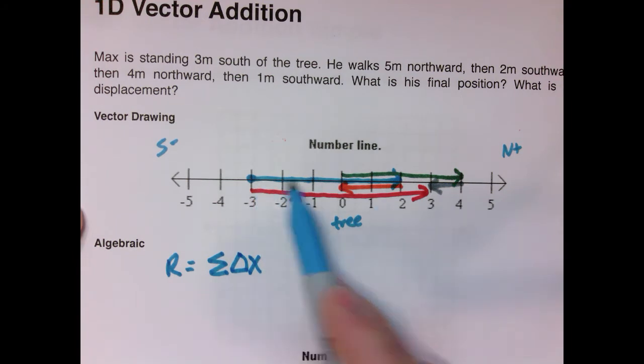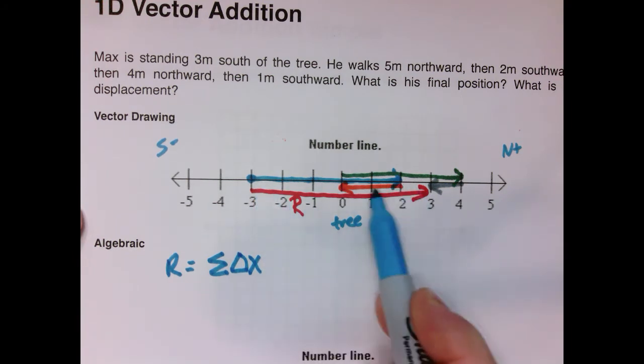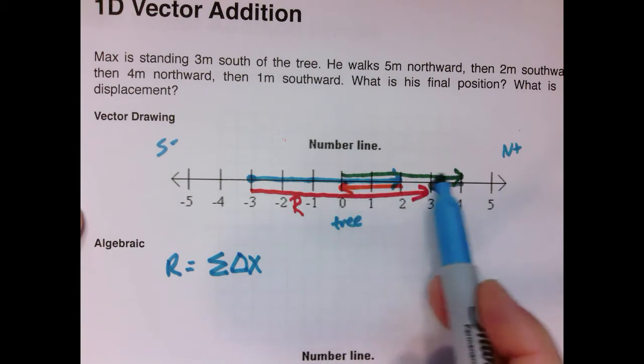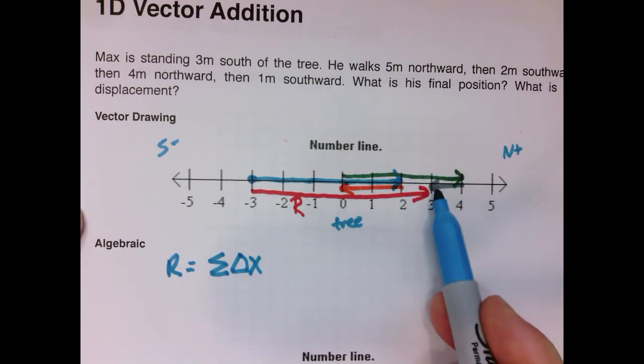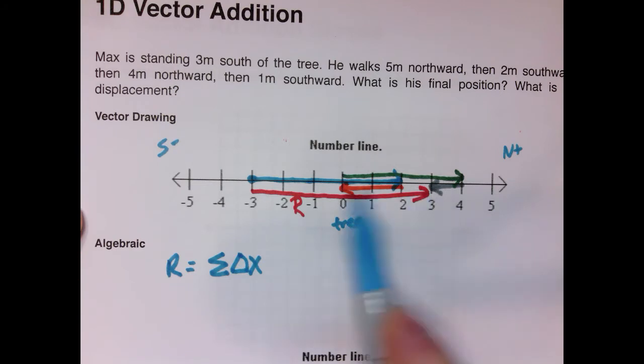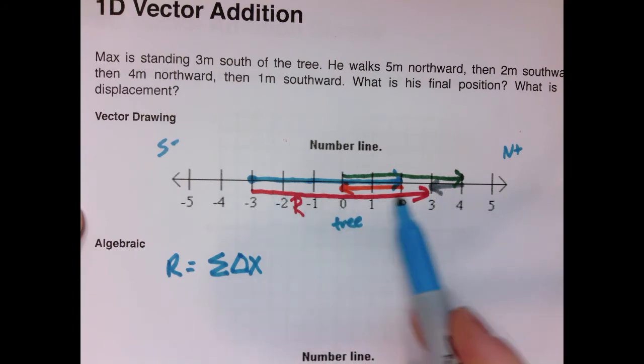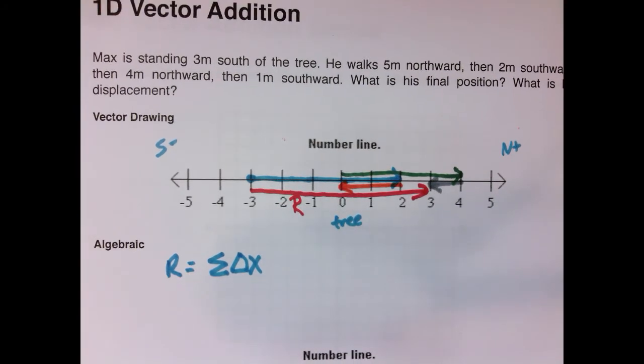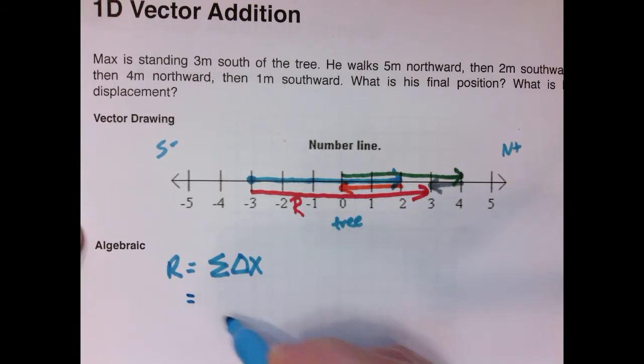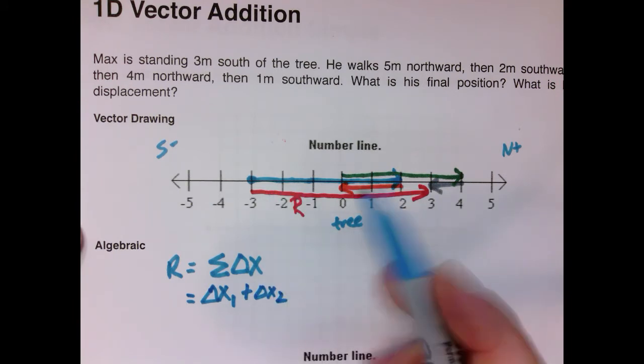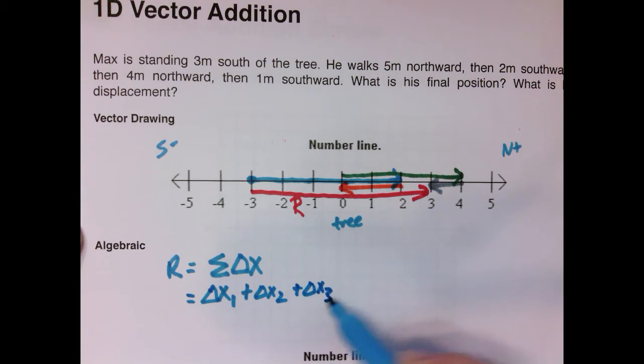The blue arrow represented a displacement, the orange arrow was a displacement, the green arrow was a displacement, the gray arrow was a displacement, and the resultant is a total displacement. So if we look at our first one, the first vector is delta x1, and we have delta x2, delta x3, and delta x4.